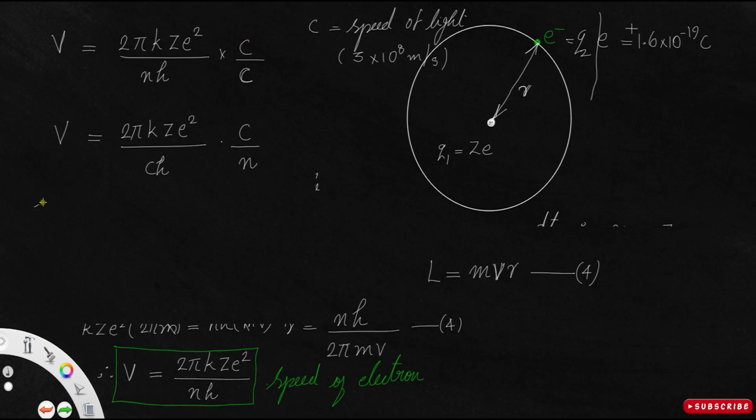And now for the hydrogen atom, its atomic number is 1.